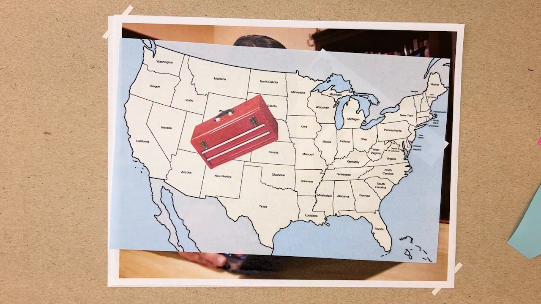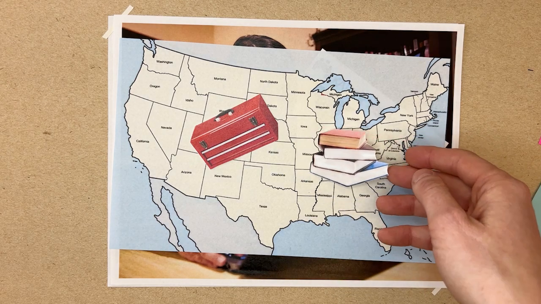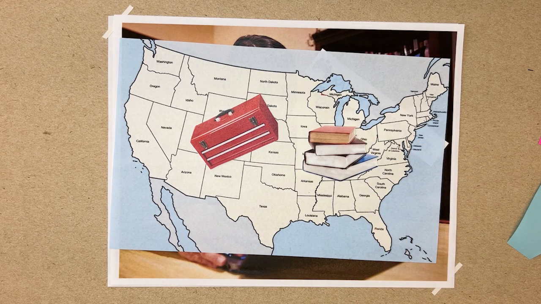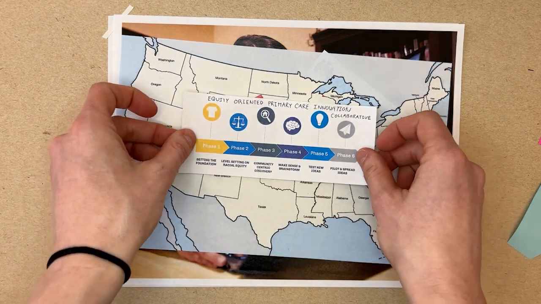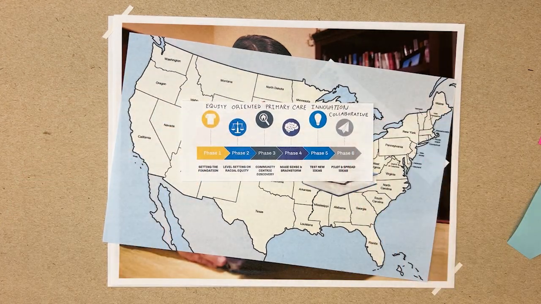They developed a screening toolkit for other healthcare systems to ask these same questions that their call center was asking. They provided a resource library and a network of practitioners, and even a design accelerator called the Equity-Oriented Primary Care Innovation Collaborative, bringing together communities and primary care practices to redesign healthcare.